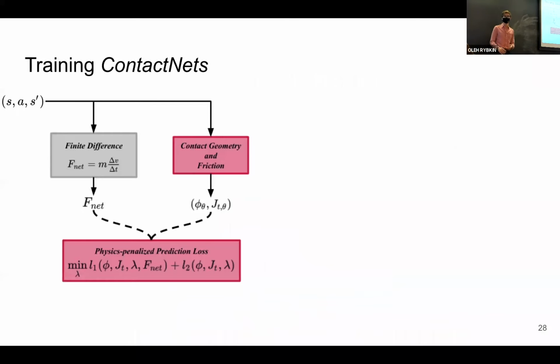So to solve this, we're going to use two ideas. The first is that while individual contact forces are not available directly from the state and action data, net forces are. We can use Newton's second law, F equals ma, and do a finite difference of our state to recover the net forces over a time step.